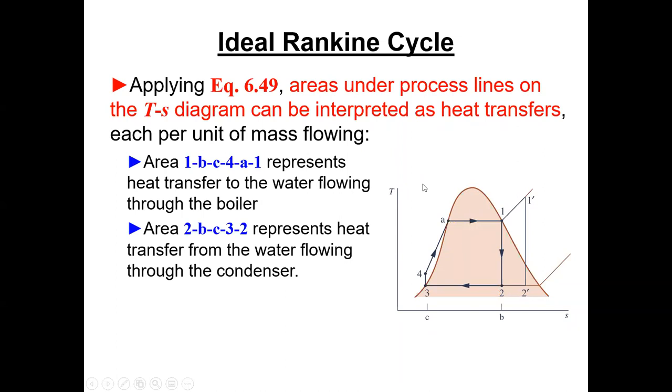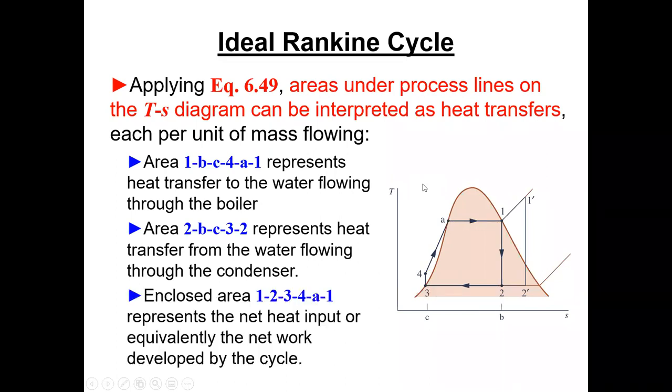Okay, and then we can also look at the area that represents heat transfer from the water flowing through the condenser, and that's this little box down here. And you can see that's area starting over at 2-b-c-3-2. So there you go. And then guess what?